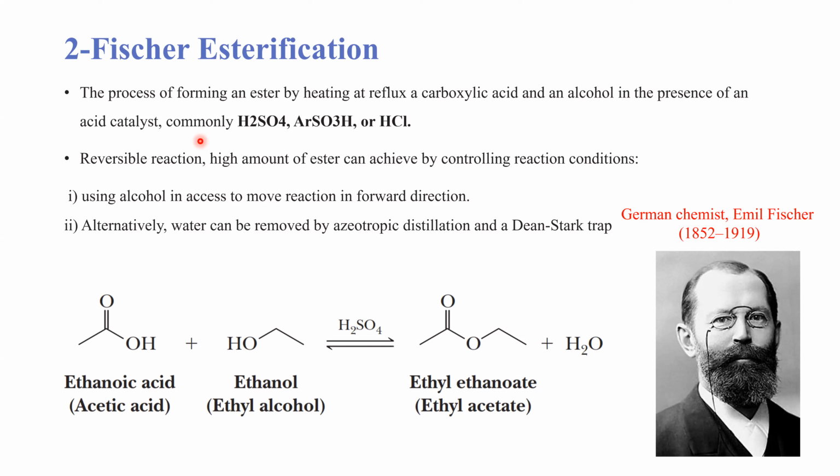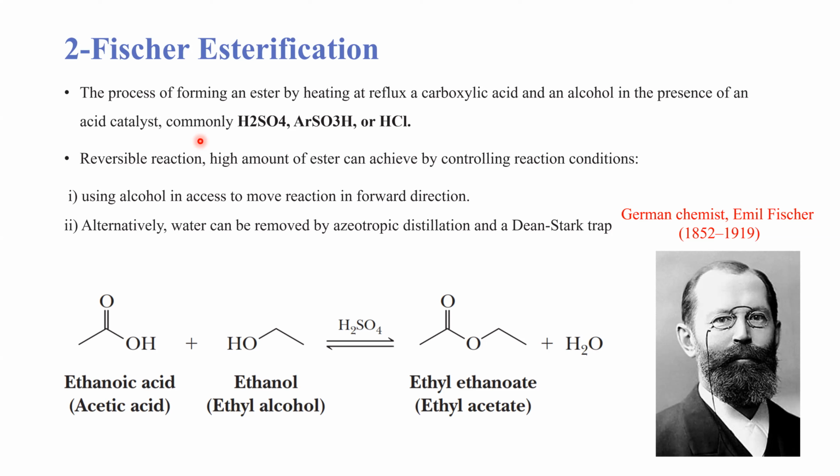So we can control the conditions. Now the best two approaches we can utilize to increase the yield of the ester, so that the maximum amount of carboxylic acid converts into ester.